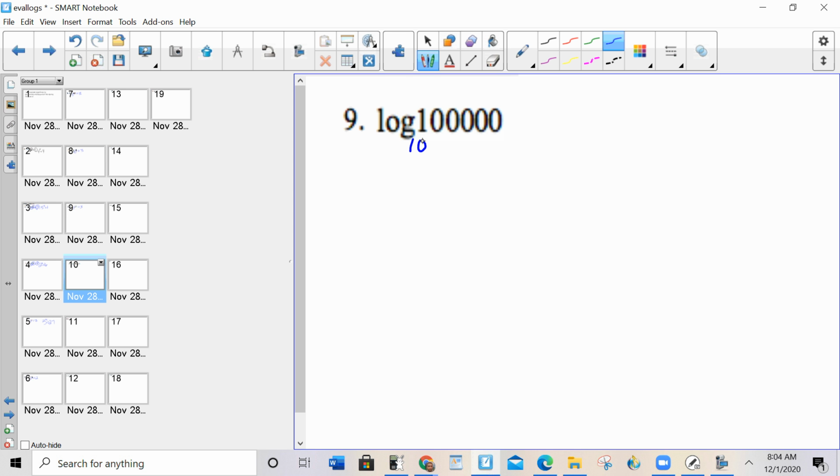So 10 to what power is 100,000? Well, when I multiply something by 10, I add a 0. So 10 to the first power is 10, second power is 100, third power is 1,000, fourth power is 10,000, fifth power is 100,000, so it would be 5. 10 to the fifth power is 100,000.